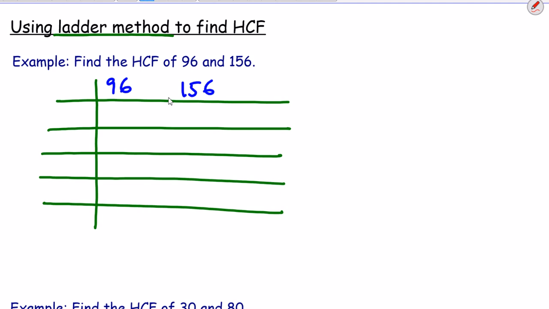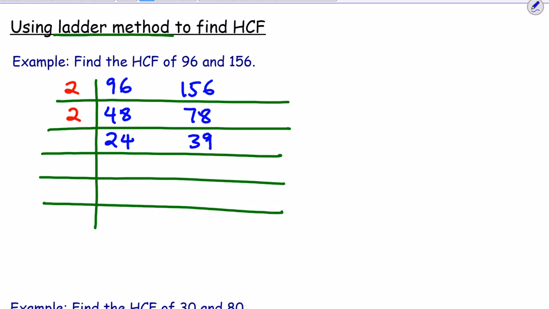So we can start with 2. 96 divided by 2 is 48, so I'll have 48 there. 156 divided by 2 is 78. 48 and 78 are multiples of 2, so I can write 2 there. 48 divided by 2 is 24, so I'll have 24 here. 78 divided by 2 is 39.